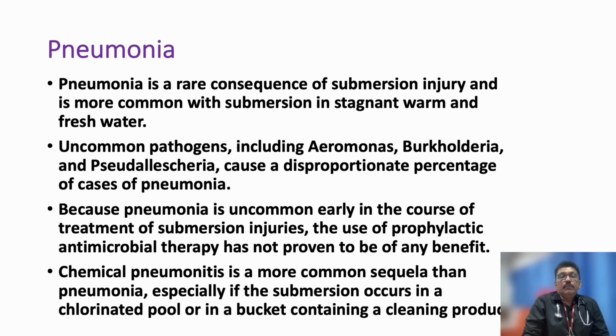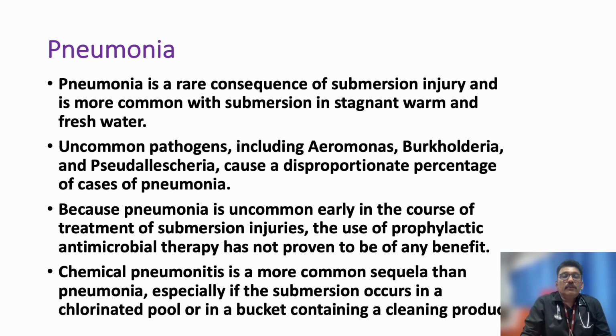Pneumonia is another important problem of drowning. A lot of organisms can produce pneumonia, but some are very important. They are uncommon, but we should remember them. Aeromonas is one important infection. Burkholderia is very, very important when the patient drowns in salt water.